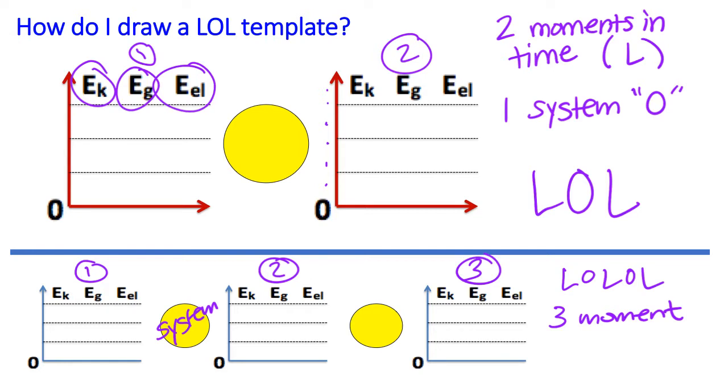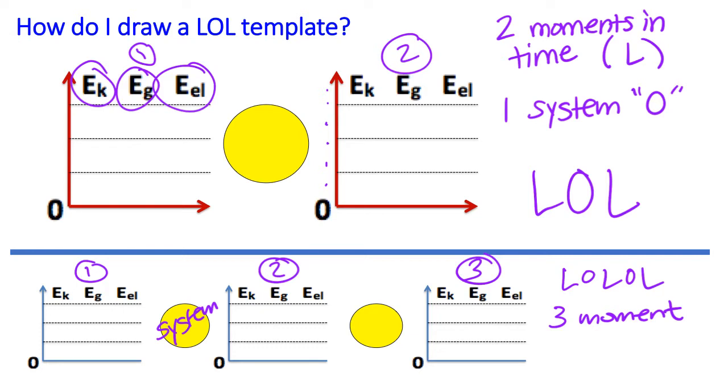But if there is energy entering the system and you're changing the amount of energy in the system, or if energy is leaving with the same result, then you are going to need to draw another O. And that O should be bigger if there's more energy in the system, because some is being added, or it should be smaller because some energy has left the system. And we'll practice all of that too.